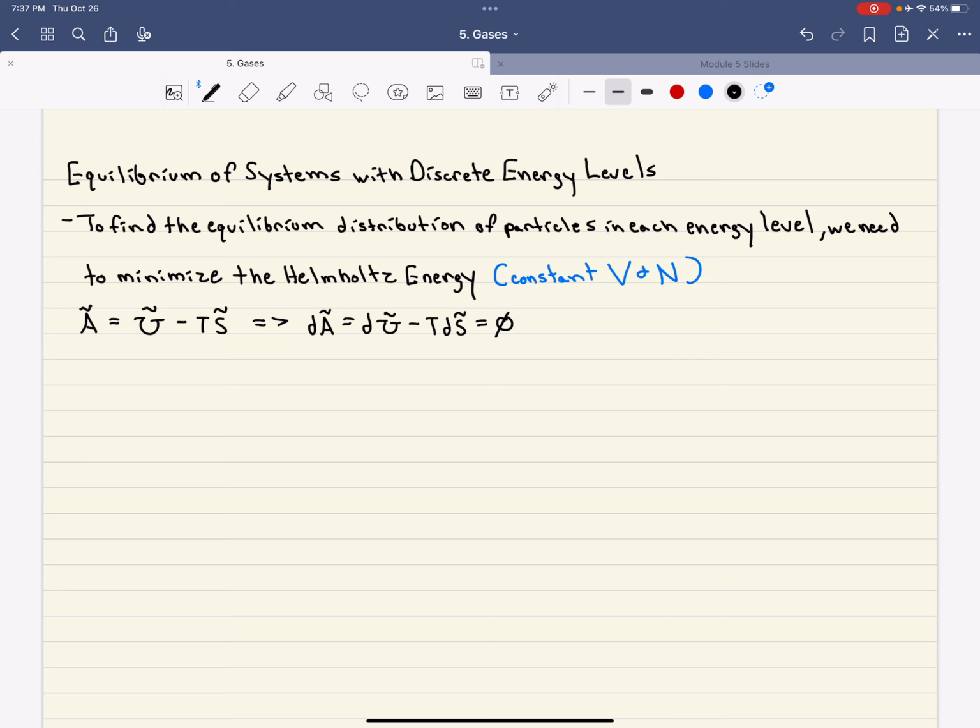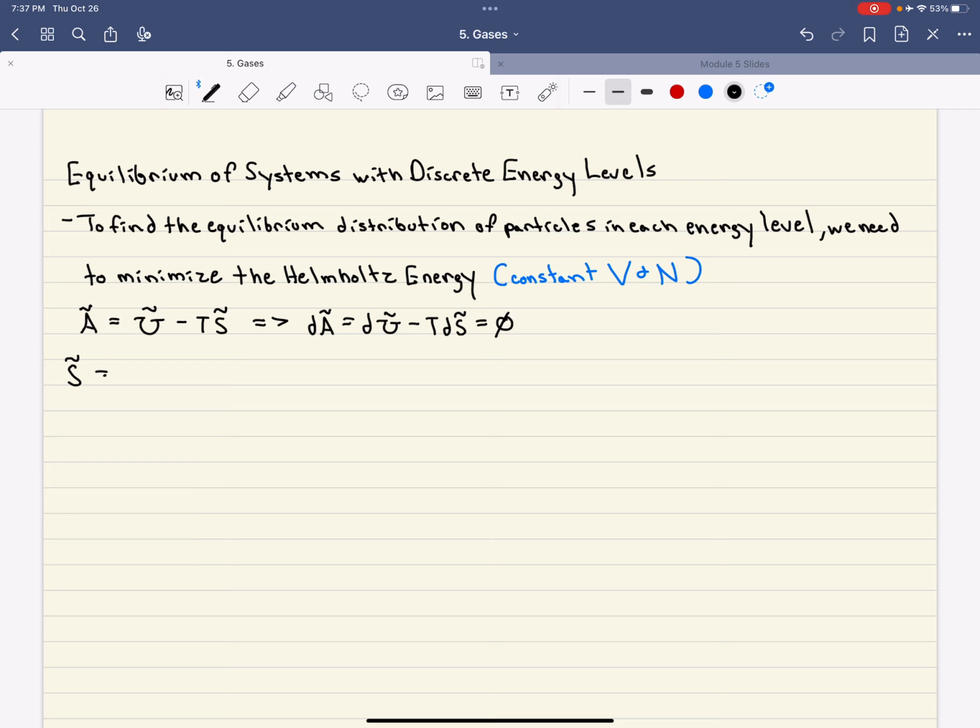And so if we want to find the conditions that minimize the Helmholtz energy, we need to figure out how to describe the du and the ds for systems that have discrete energy levels. To describe ds, we could use the entropy equation that we derived earlier, specifically the Shannon entropy formula.